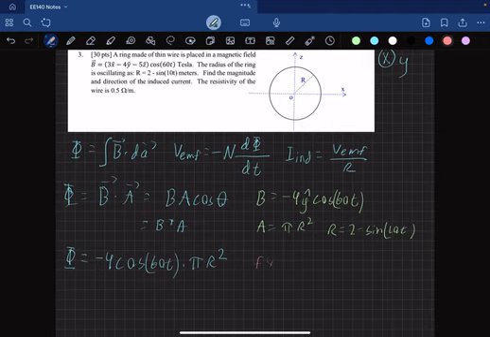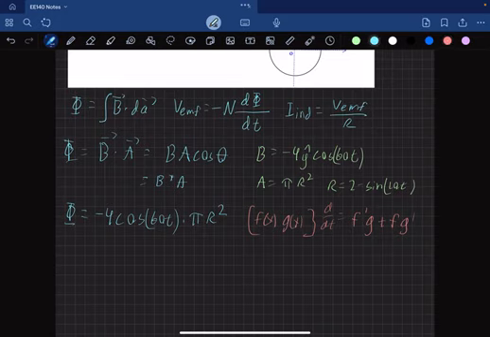If you have two functions multiplied together, let's say f of x times g of x, and you take the derivative of them, that is equal to the derivative of the first function times the second function plus the first function times the derivative of the second function. Now here we have our two functions, which are B and A.